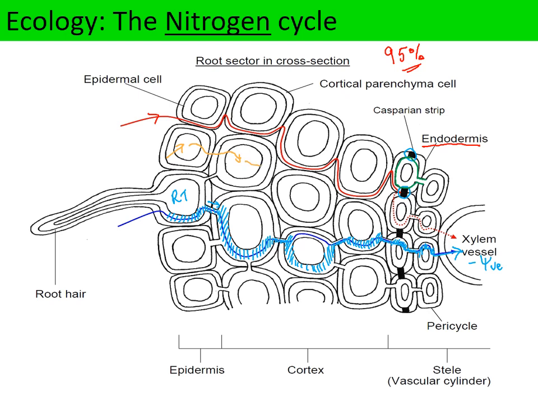And this water and the dissolved minerals can continue to move from plant cell to plant cell across the vacuoles, and eventually the water and minerals will end up in the xylem vessel, and that is called the vacuolar pathway.